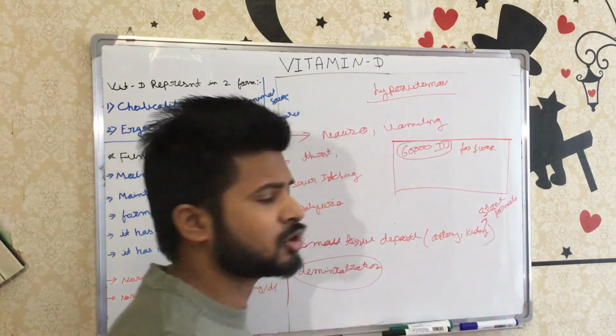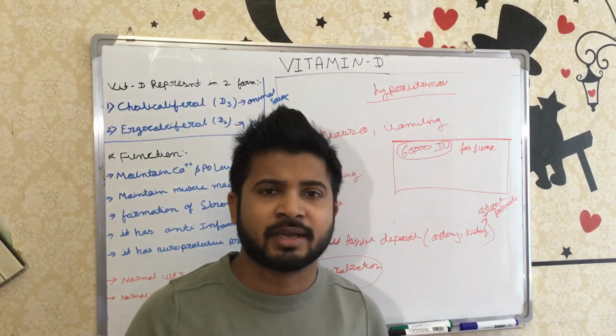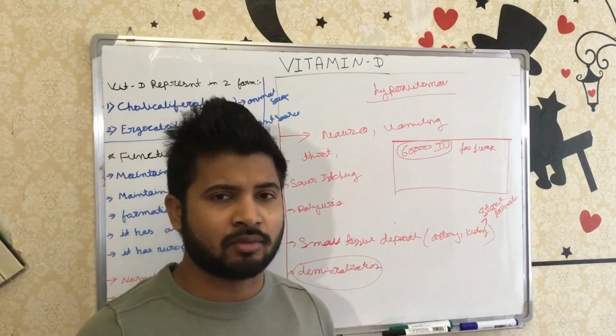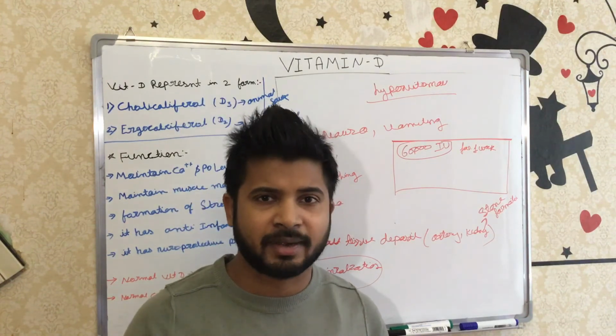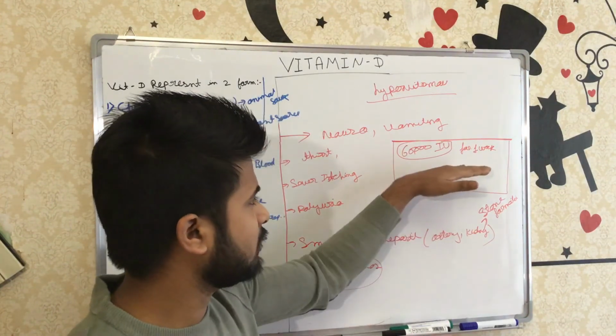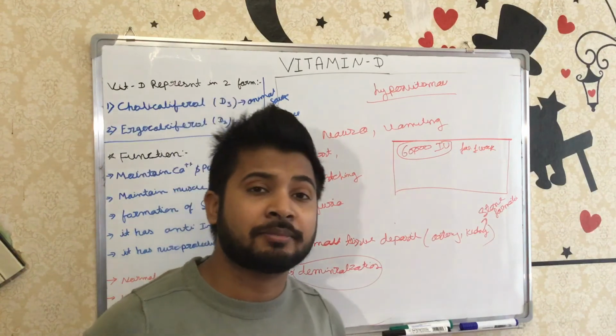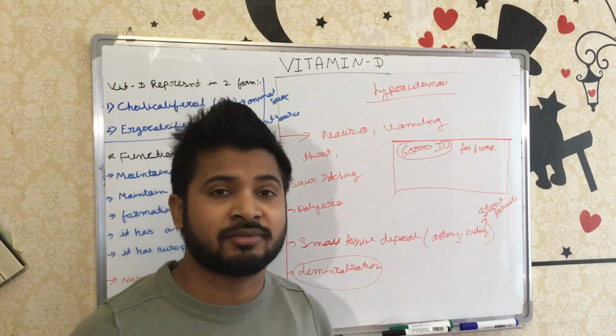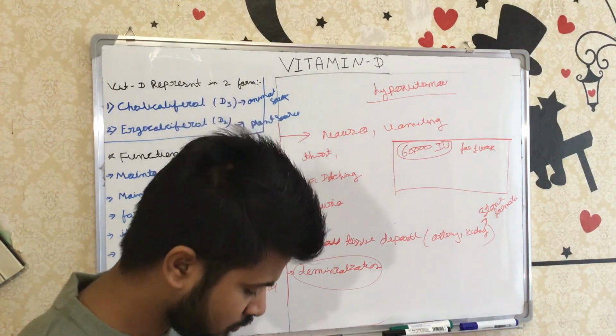Because it's fat soluble, it can be deposited in our body, and day by day, whatever the need, it will go out and maintain the calcium level. That's why it is for 1 week. But it is for those persons who have a very severe problem.